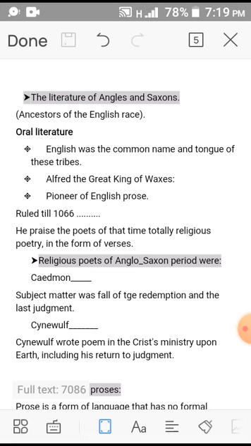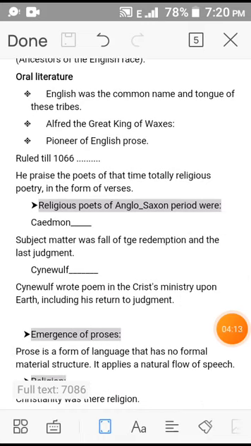So these people used to sing religious poetry. There was oral literature, and Alfred, the king of Wessex, ruled till 1066.